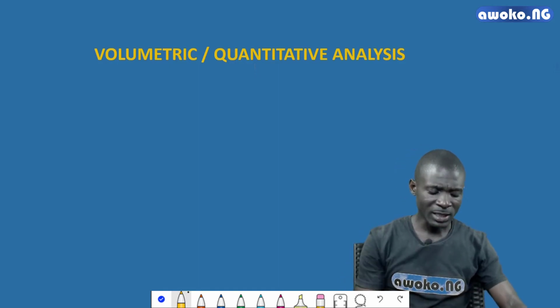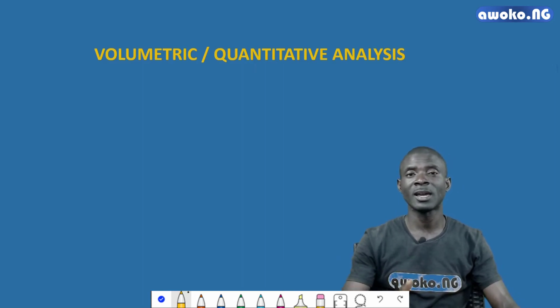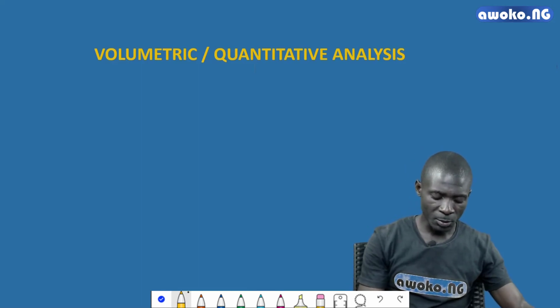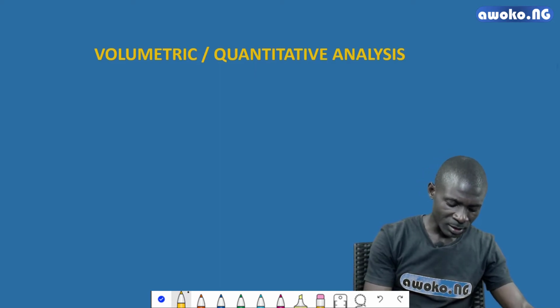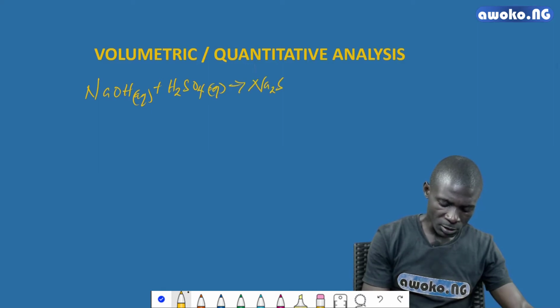Okay, now when I say neutralization reaction, we simply talk about a reaction between an acid and a base to produce salt and water. So here we can have a common example of a neutralization reaction as a reaction between sodium hydroxide, aqueous, plus H2SO4, aqueous, to give us sodium tetraoxosulfate(VI) plus water.